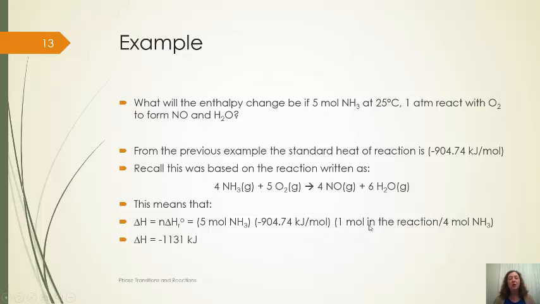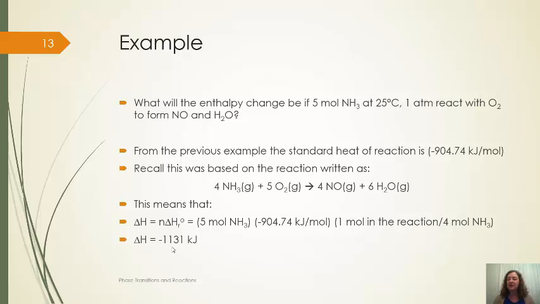So 1 mole in the reaction means 4 moles of NH3 are reacting. So divide by your stoichiometric coefficient, and this tells me then 5/4 of this number, or negative 1131 kilojoules, is going to be the enthalpy change for this reaction.